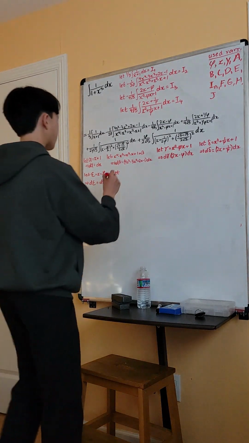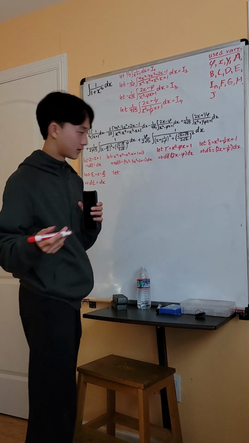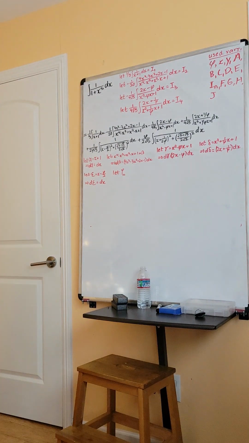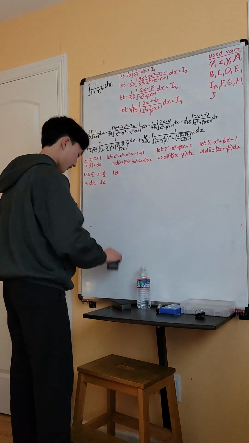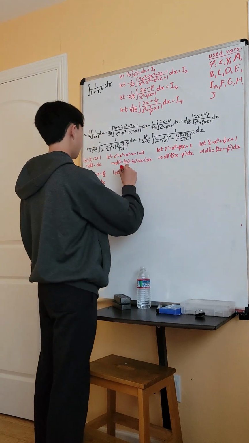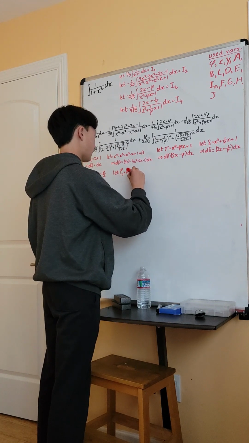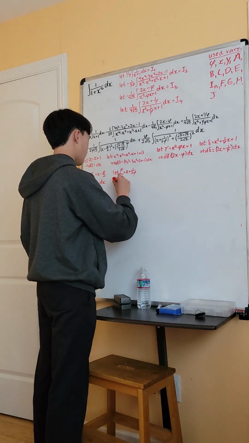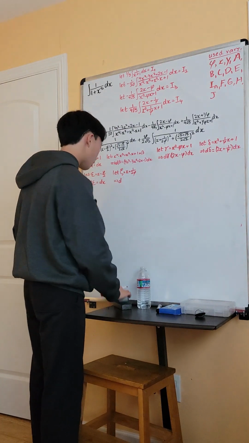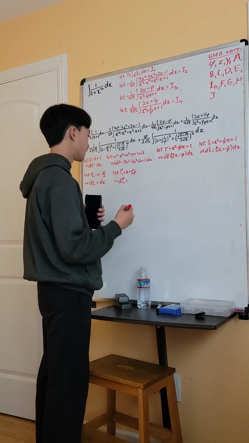I haven't ever written out a zeta before, but I think it looks like that. Close enough. Let zeta equal x plus 1 over 2 phi. Then d zeta is equal to dx.